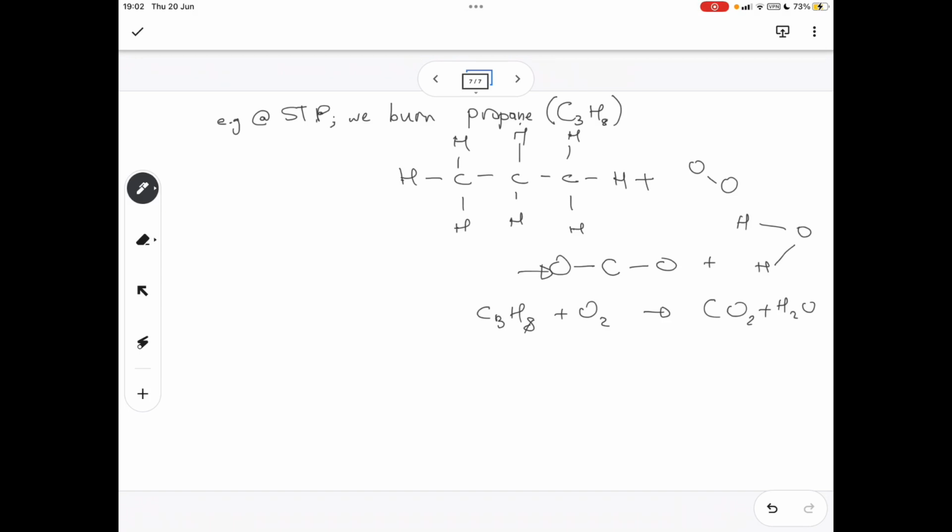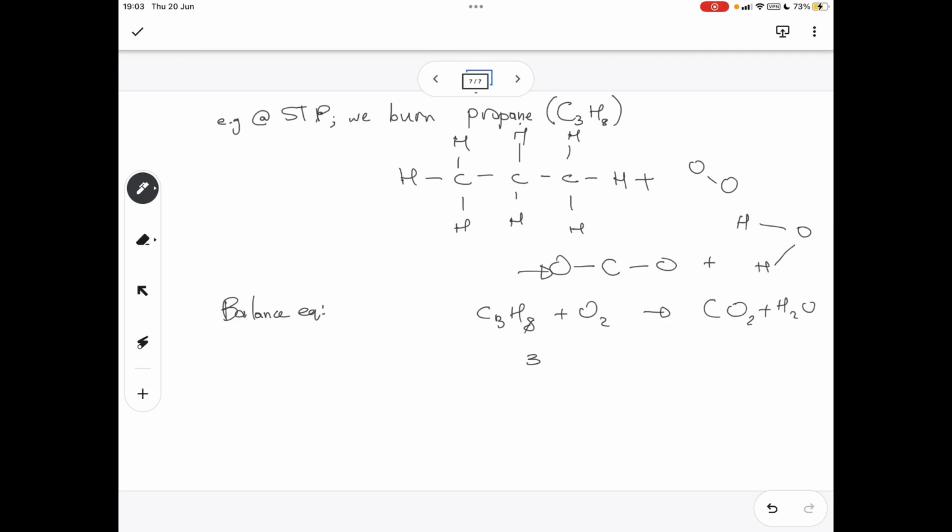But first, we need to get the correct stoichiometric coefficients. So to get the stoichiometric coefficients, what must we do? We must balance the equation.